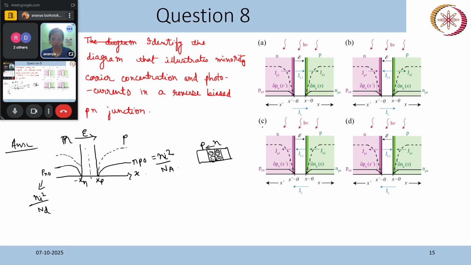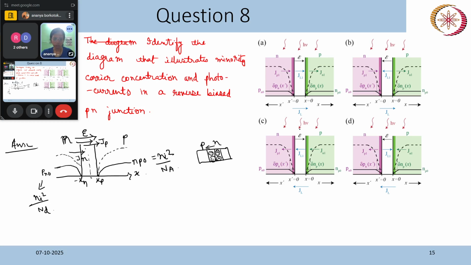Now my holes are moving in this direction because of the electric field, so my hole current is in this direction, right? Electrons are moving in this direction, so by convention my electron current is also in this direction. So this is my Gn. So my overall current is in this direction, N to P.